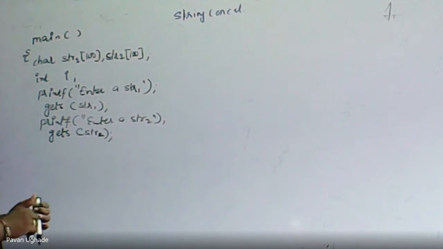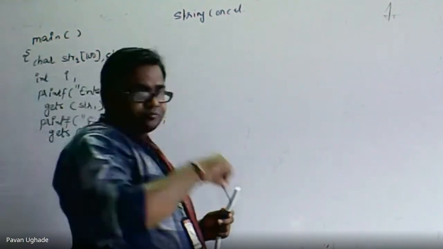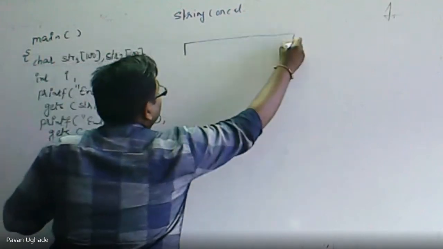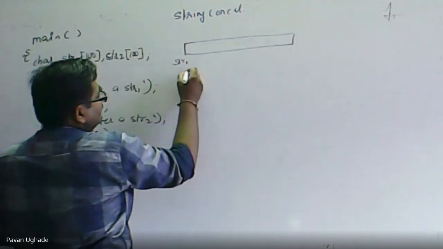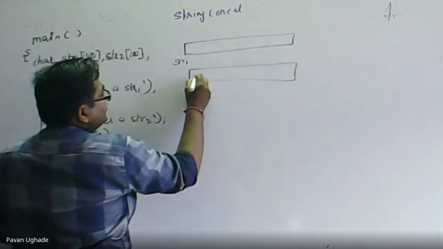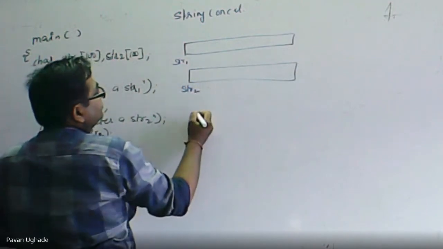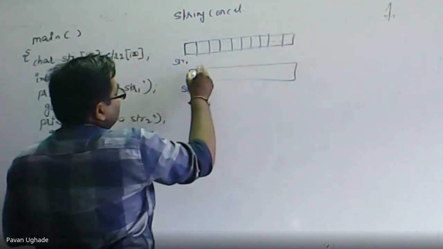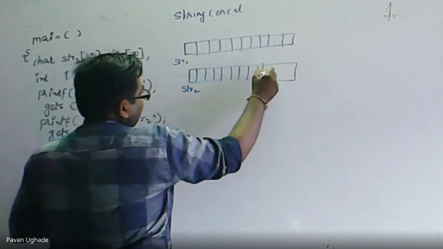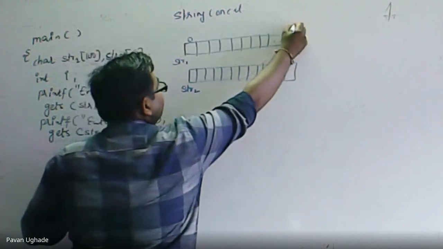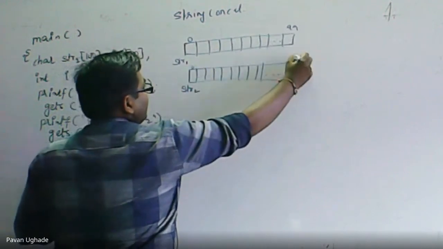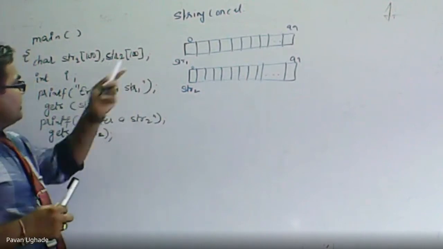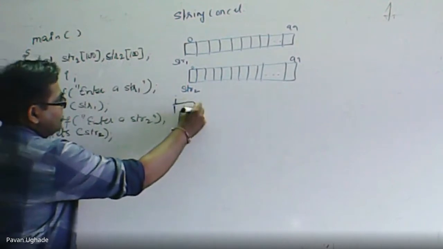Now we'll see how it works. Till this point, we have created str1 and str2, each with memory space from 0 to 99, and there is a memory location for i.